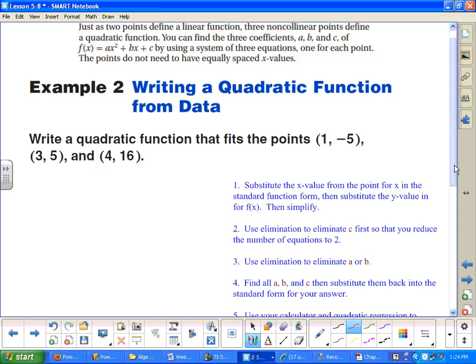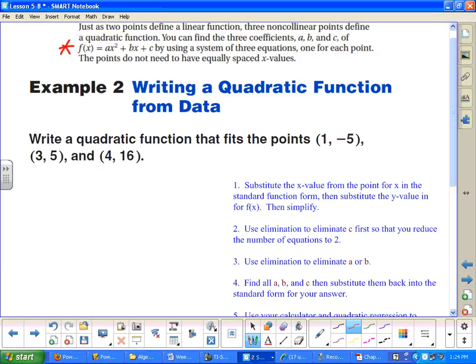All quadratic functions look like f of x equals ax squared plus bx plus c. So we can take each of these points as x and y, put the x value in for x in the general quadratic function, and put the y value in for y.